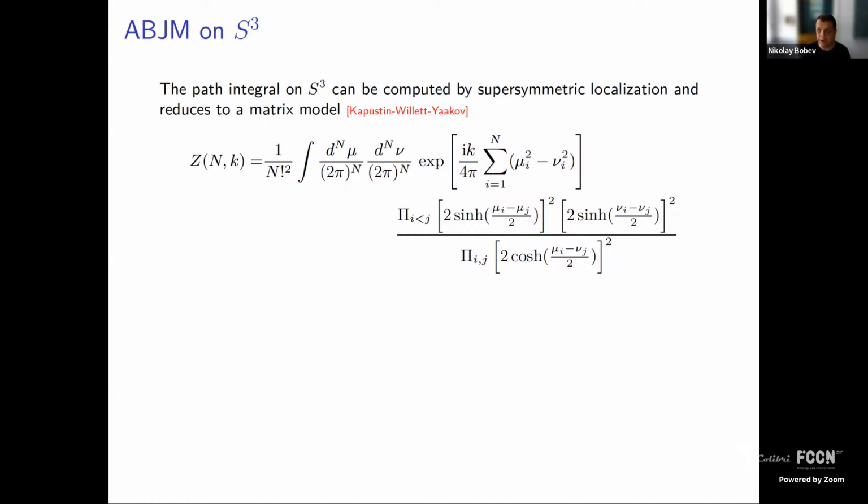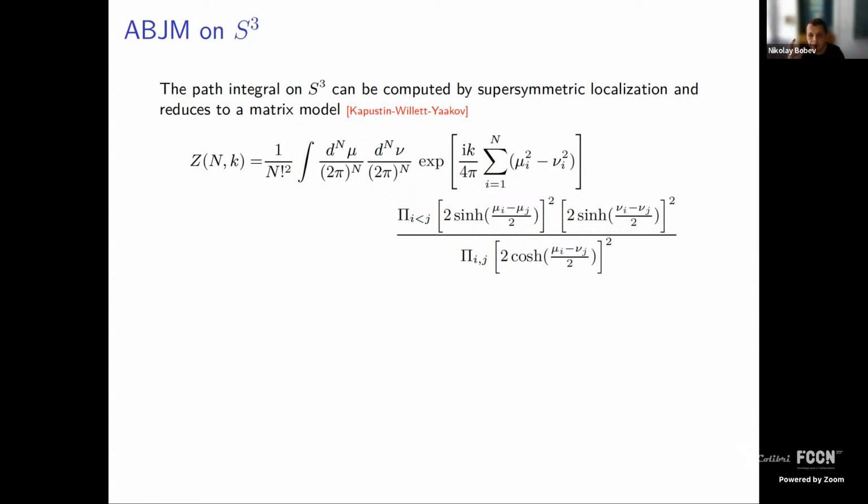The ABJM theory, in the absence of any sources, is a conformal theory. I can put it on Euclidean R3, and that is conformal to Euclidean S3. This conformal map allows me to go smoothly to S3 without actually modifying the theory.